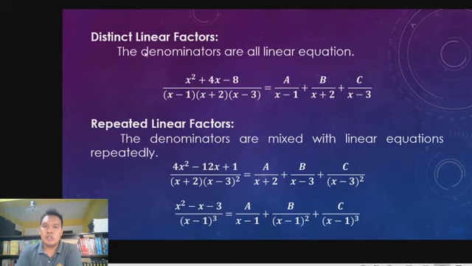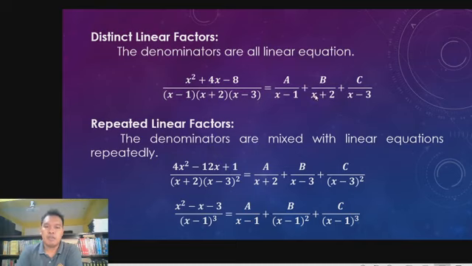So, distinct linear factors, kumbaga distinct yung denominator natin, magkakaiba. Then, kapag repeated linear factors, meron tayong denominator na perfect square, no? Ito, x minus 3 squared. Kumbaga naka-squared or naka-cube. So, kapag distinct linear factors, ganito po yung magiging partial fractions niya.